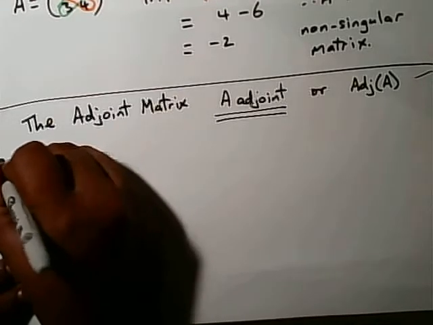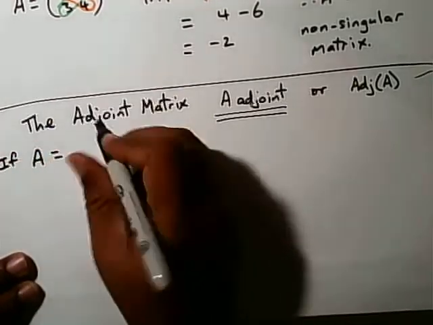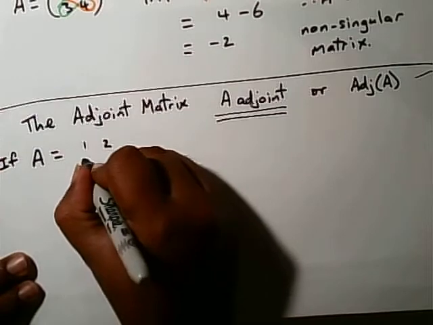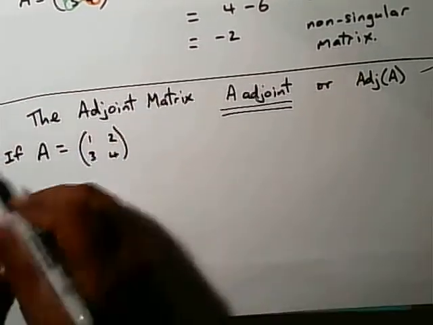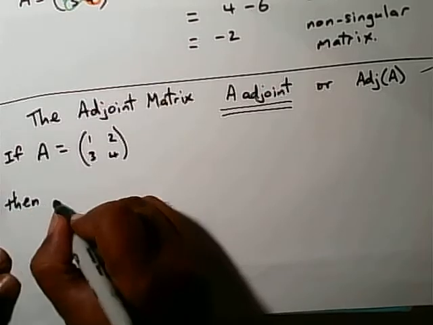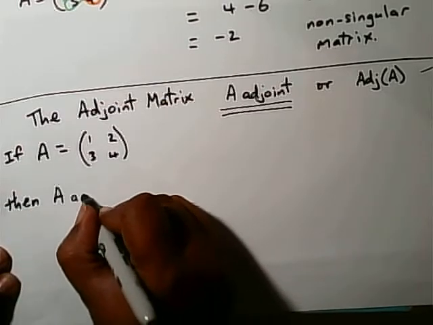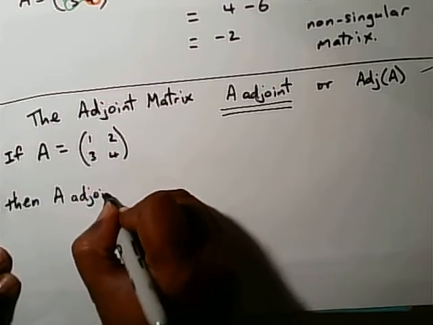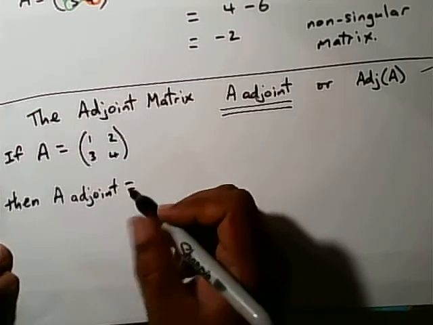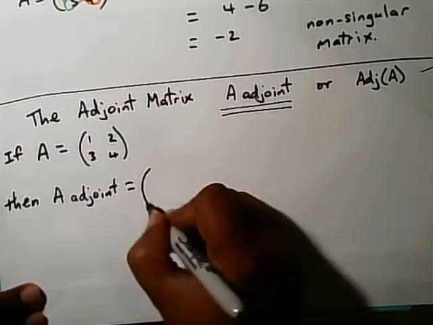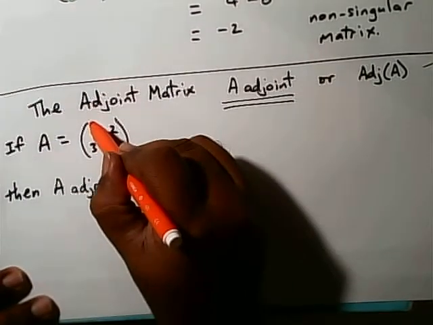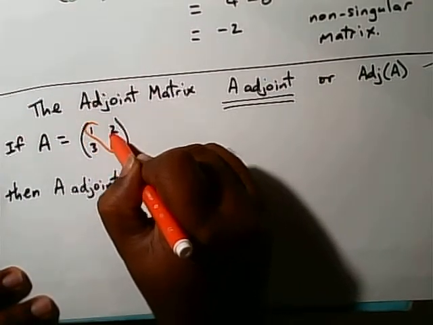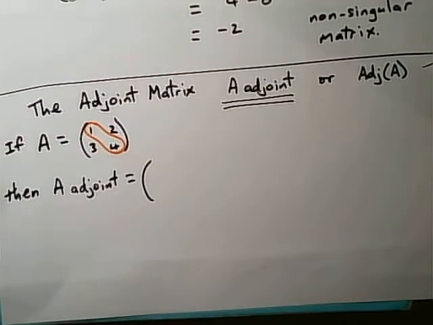So let's just suppose A was a matrix called 1, 2, 3, and 4, like that, then A adjoint is equal to, you take the first diagonal, which I will color in orange. We swap the first diagonal.